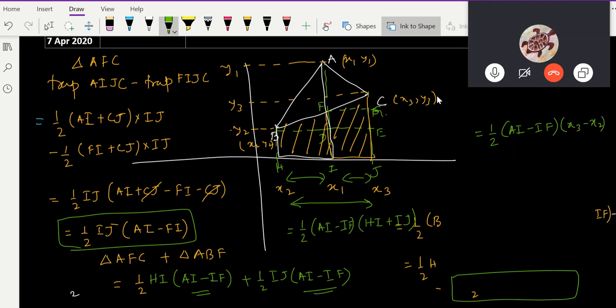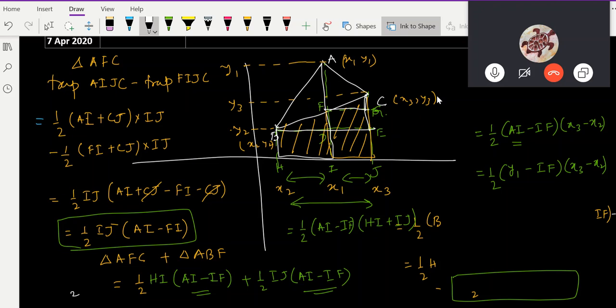Okay. And I also know AI. What is AI? Y1. So Y1 minus IF into X3 minus X2. Now I am left with only IF, right? So I can now use the concept of similar triangles again from first principles to get this.